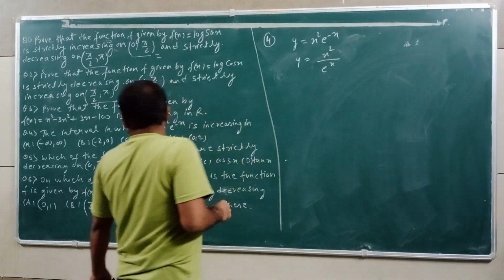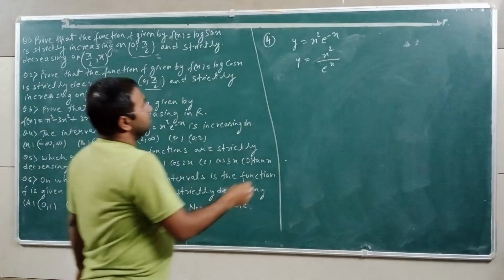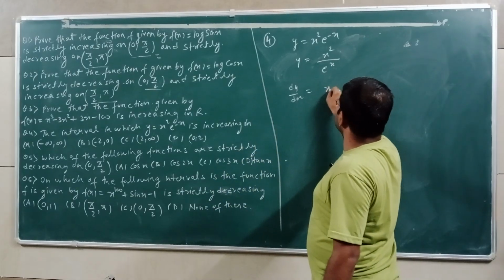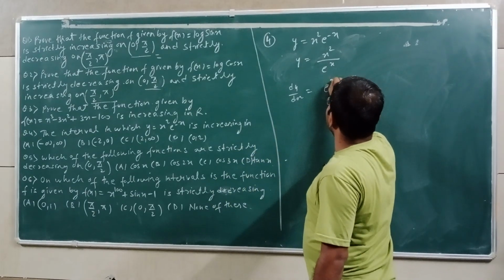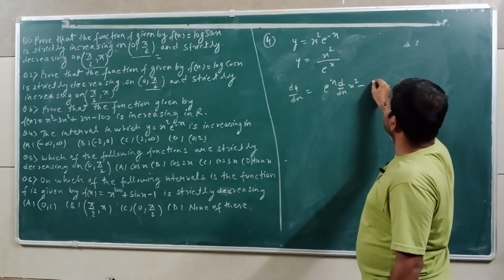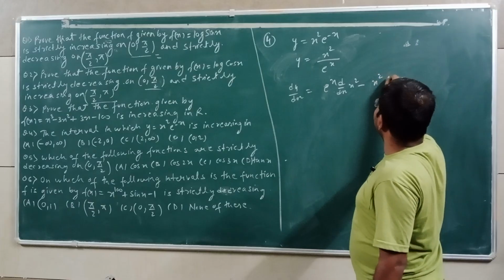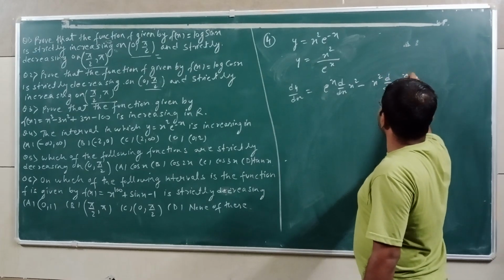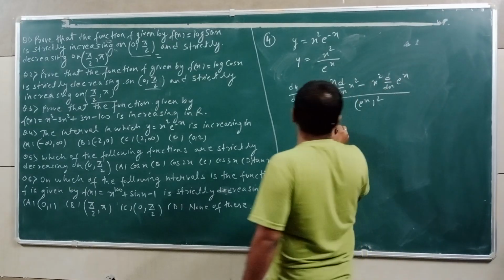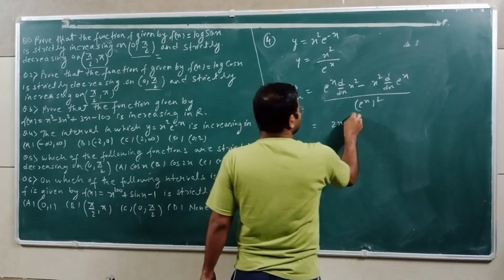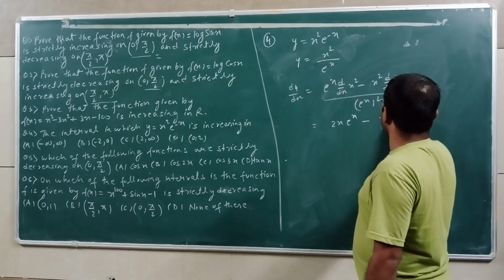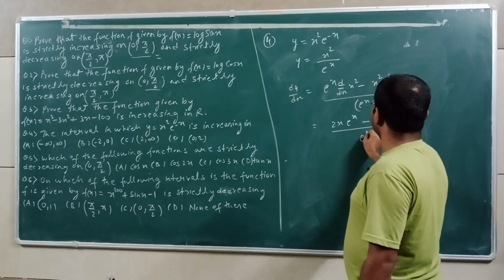Now dy/dx will be e to the power x times d/dx of x square, minus x square times d/dx of e to the power x, upon (e to the power x) whole square. Now what will come? 2x e to the power x minus x square e to the power x, upon e to the power 2x.